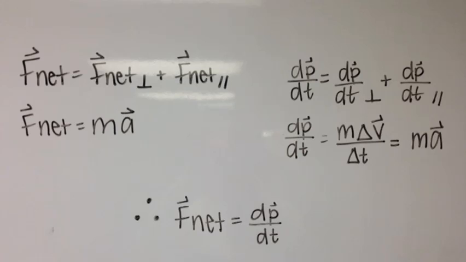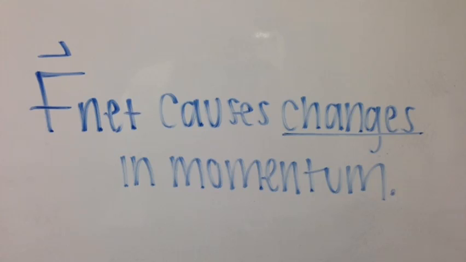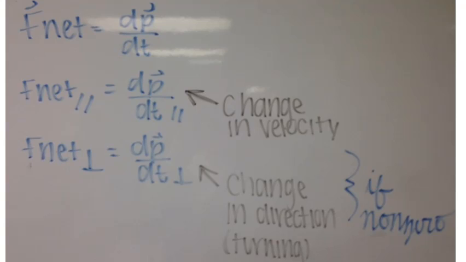So therefore, Fnet equals dp over dt. The relationship between the two is that Fnet is what causes the changes in momentum. Speeding up or slowing down changes the momentum in the parallel direction, caused by a force acting on the object. Curving changes the momentum in the perpendicular direction, caused by a force acting on an object. In the case of this lab, the only force is the gravitational force of the black hole on the star, causing a change in momentum in the perpendicular direction.